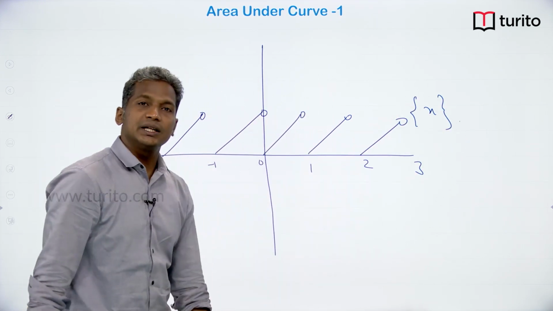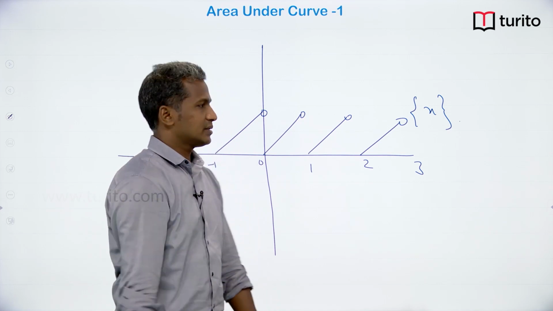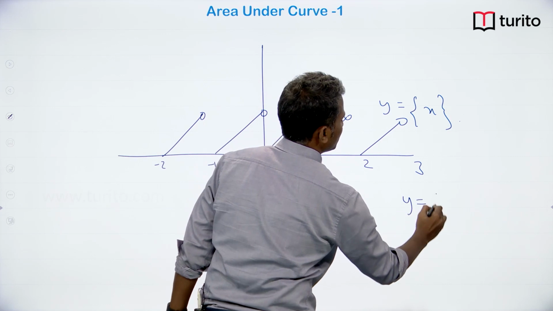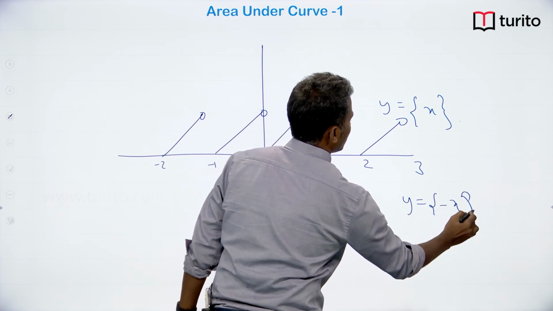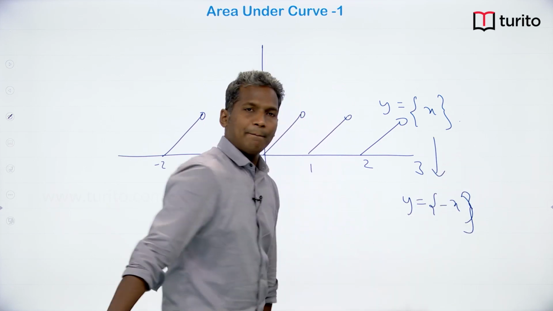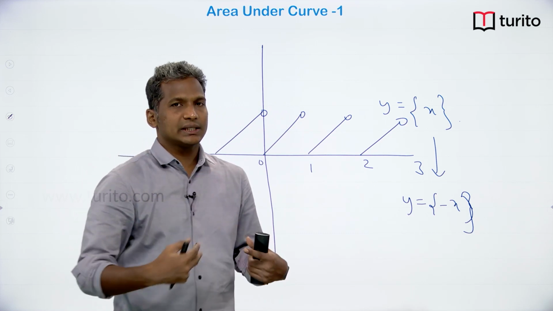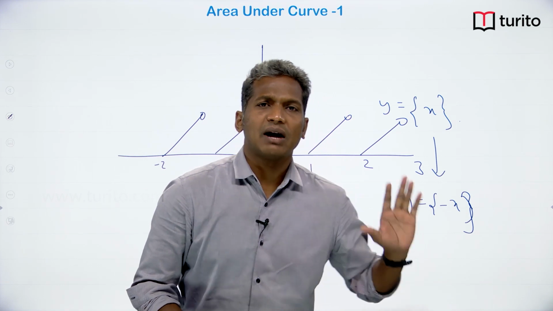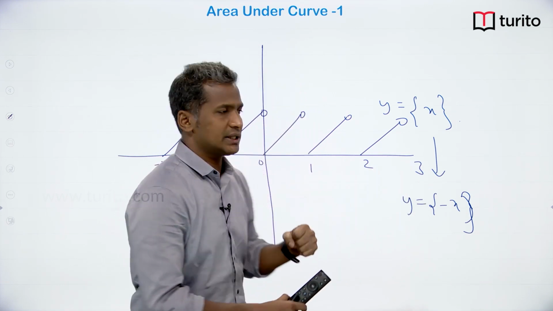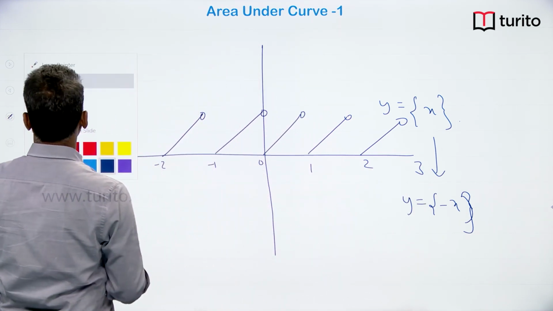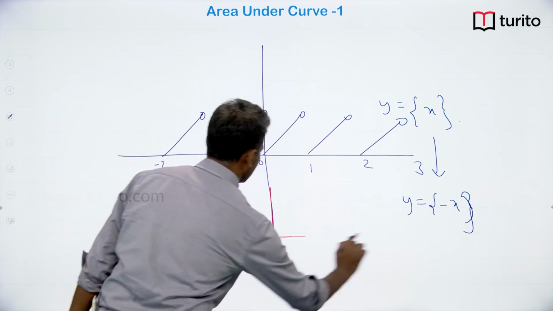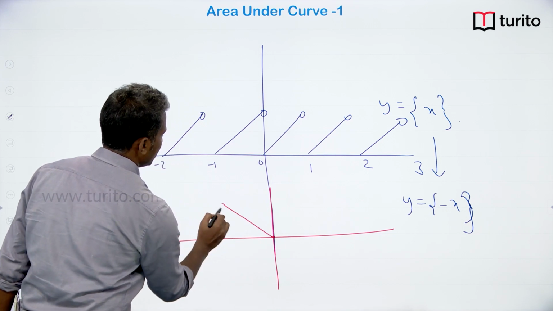If we are interested in bracket of minus x, between this function and y equal to bracket of minus x, what is the difference? In place of x, minus x is coming. So in place of x, if minus x comes, graph will get reflected about y axis. So that means here the graph will look like this. If we take this as y axis and this as x axis, graph will look like this.